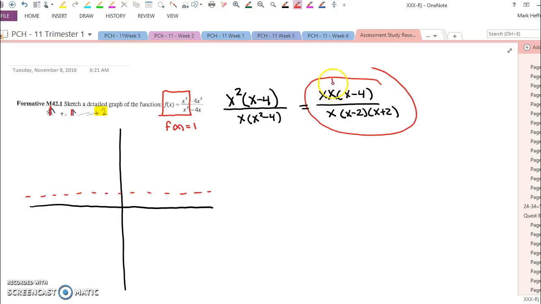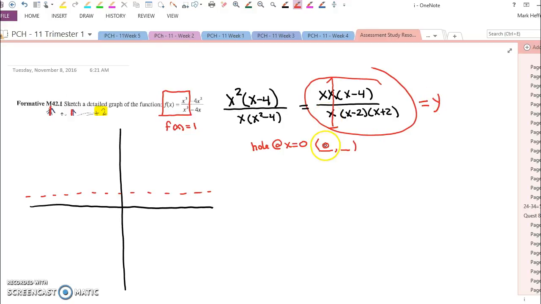Also, now that I have things factored, I can see that I have a hole at x equals 0. So 0 comma something. I'll go ahead and find the y-coordinate of this by plugging in 0 for all the remaining x's, because remember, what you see here is equal to y.